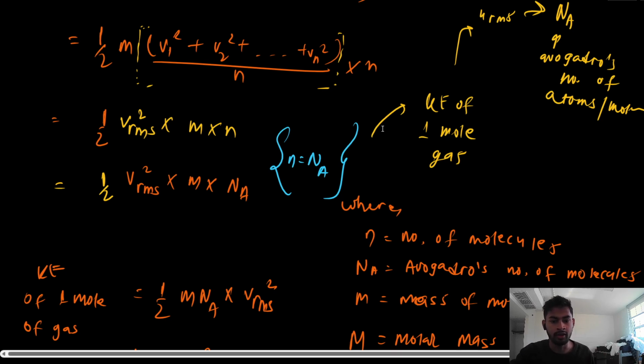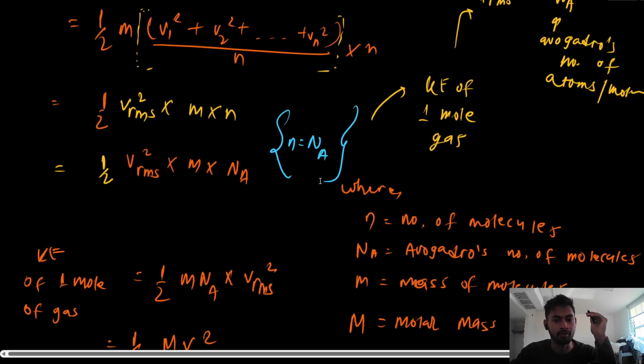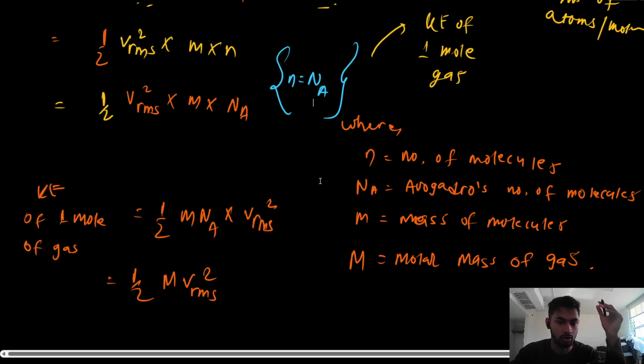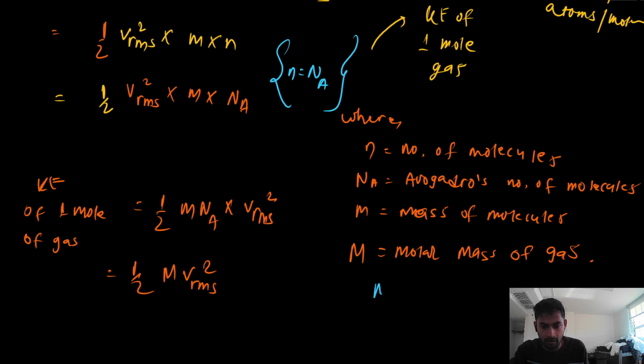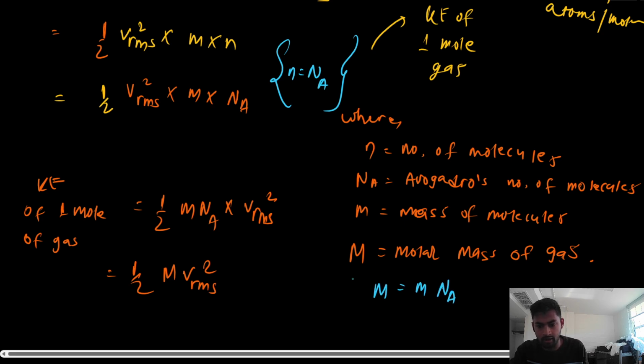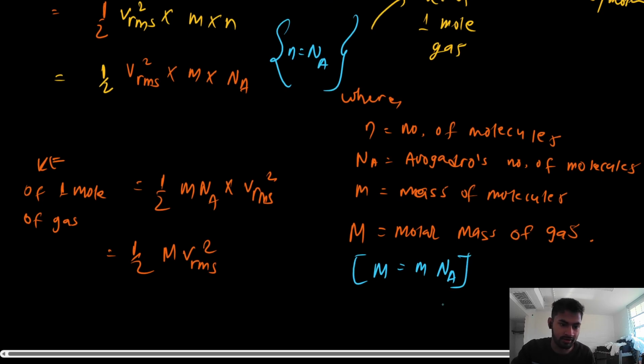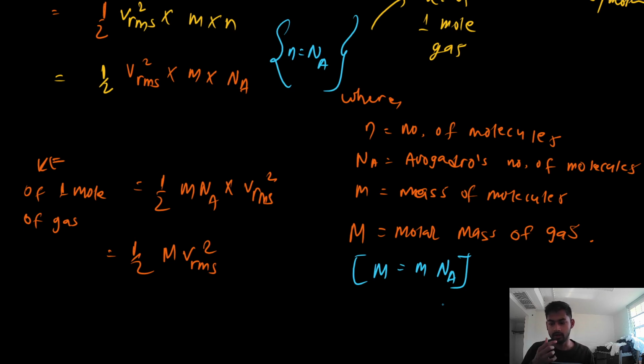When we do that and multiply the mass of a gaseous molecule by Na, using the molar equation, m times Na gives the molar mass of the gas. So the kinetic energy of 1 mole of gas is 1/2 times the molar mass of the gas times the root mean squared velocity squared.